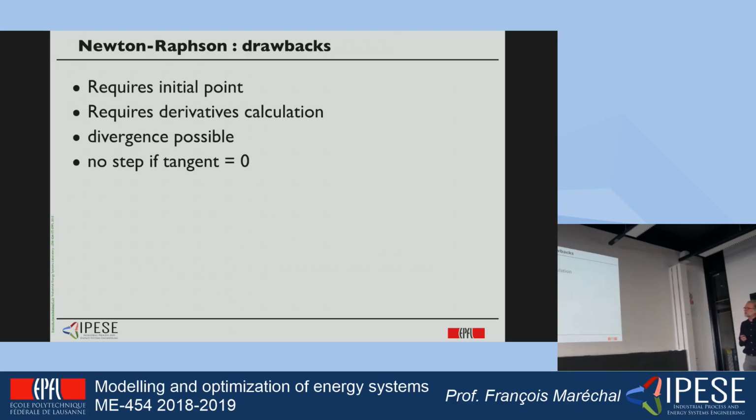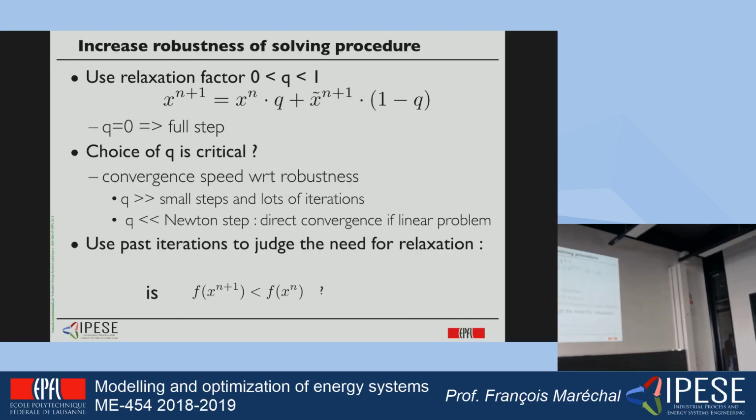If you have divergence, then there is a possibility of doing what we name a relaxation. So what we can always say is that instead of making the full step, going from xn to xn plus 1, all the points in between xn and xn plus 1 are also going in the right direction of decreasing the function. Okay?